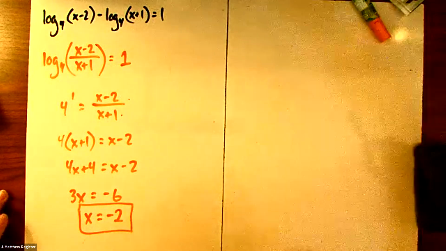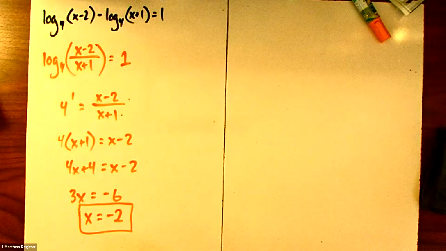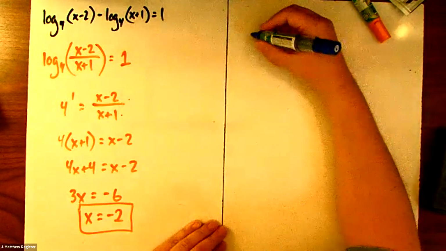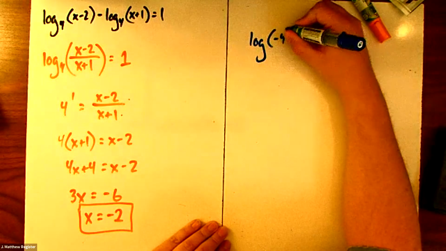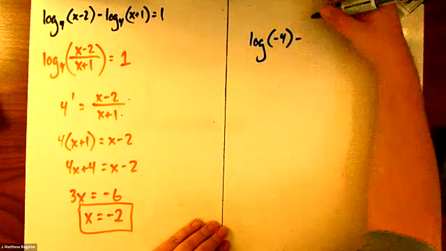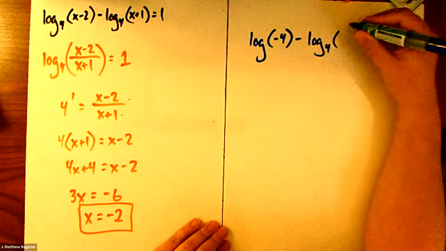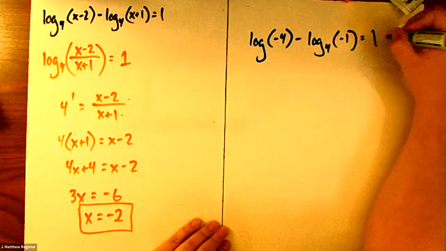Now here's the thing. That is not going to actually work in the context of the problem. Because when we go to plug this x equals negative 2 back in to check our answer, we would get log base 4 of negative 4 minus log base 4 of negative 1 equals 1.